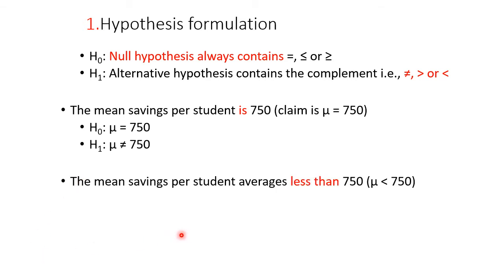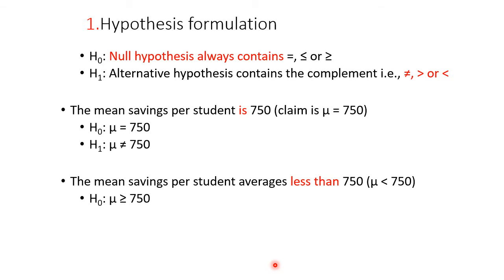Let's look at the second example. The mean savings per student average is less than 750, which actually means that the claim is in the alternative hypothesis, because in the alternative hypothesis you have less than, or greater than, or not equal.